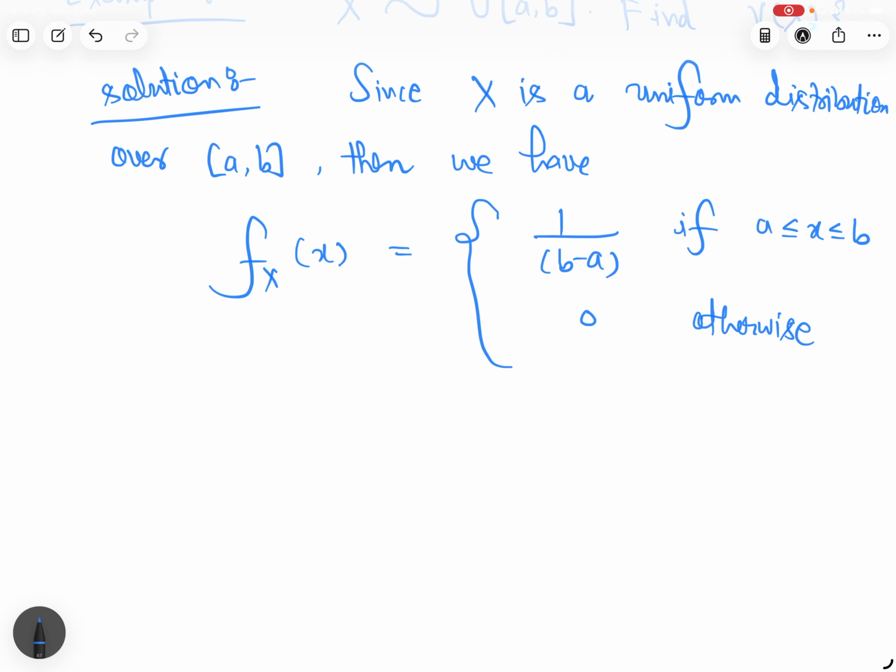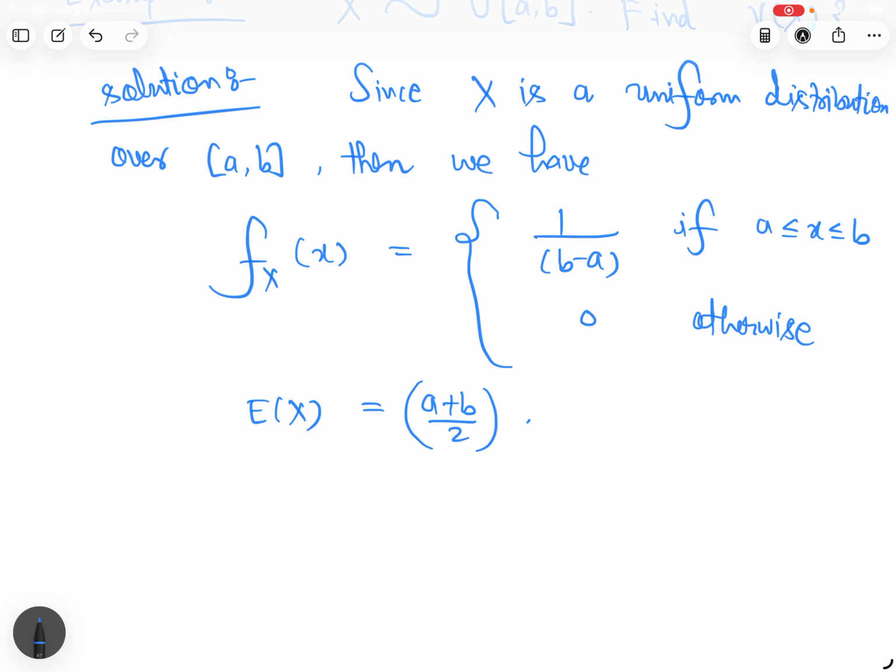Now, what is the variance? What was the expectation of the uniform distribution? We have already checked that the expectation of the uniform distribution is nothing but (a plus b) by 2. You can see your notes.